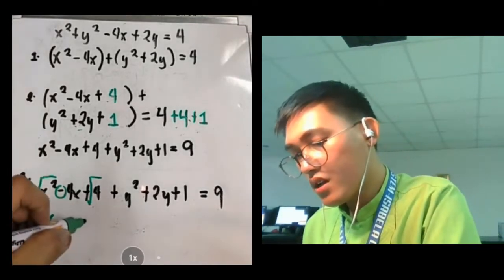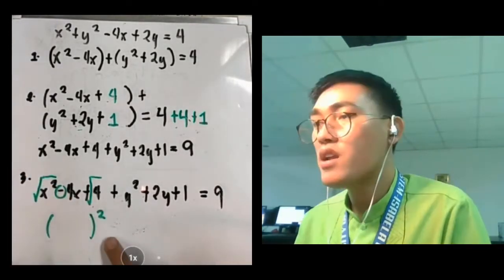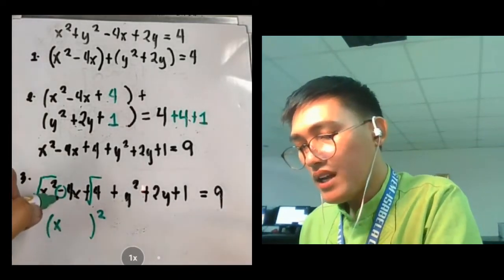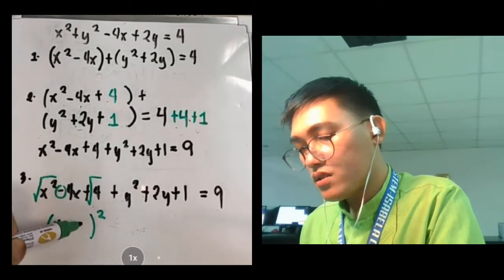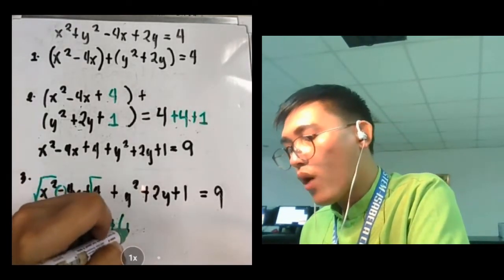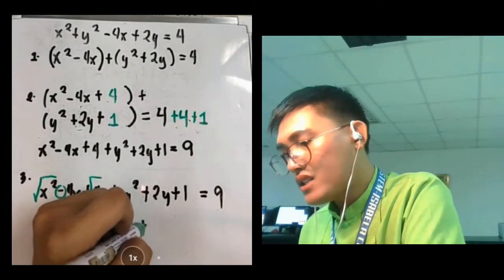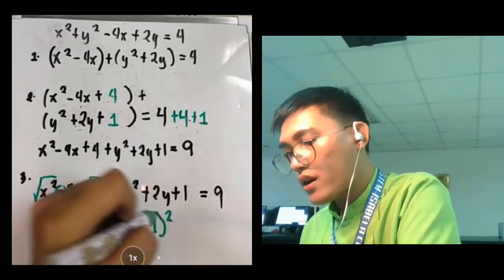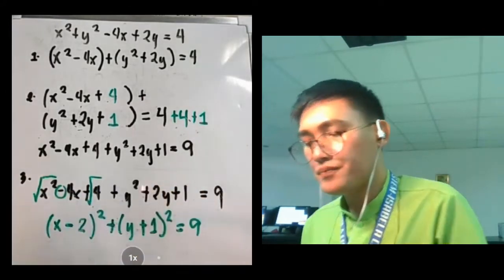The square root of x squared is x, minus 2. Alright, let's continue. Plus y plus, this is plus, so it's plus 1 squared equals 9.